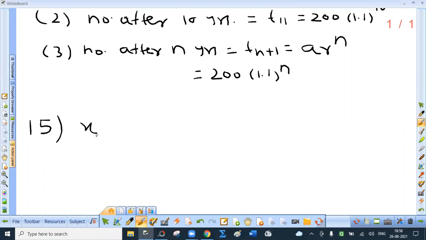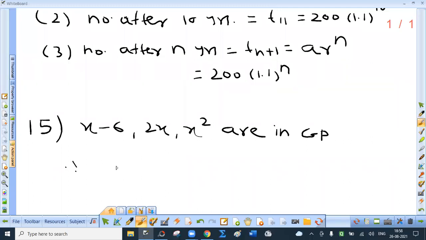Start writing the solution. x minus 6, 2x, x square are in GP. Therefore, 2x upon x minus 6 equal to what? x square upon 2x.